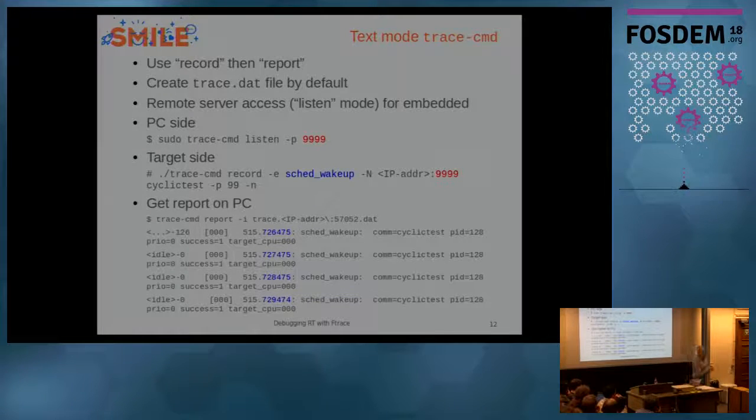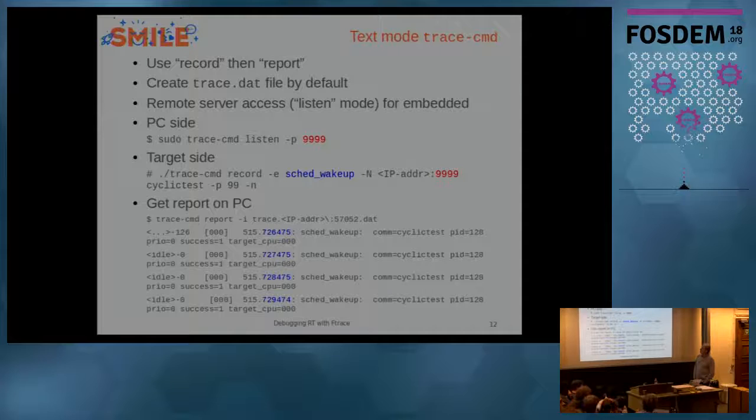For trace-cmd, you use record and report: record to record and report to display. By default, you will create a trace.dat file. You can use a remote server access listening on a PC. For example, you run trace-cmd listen with a port number, and on the target, the embedded system, you tell it to send the data to the PC with the same program.